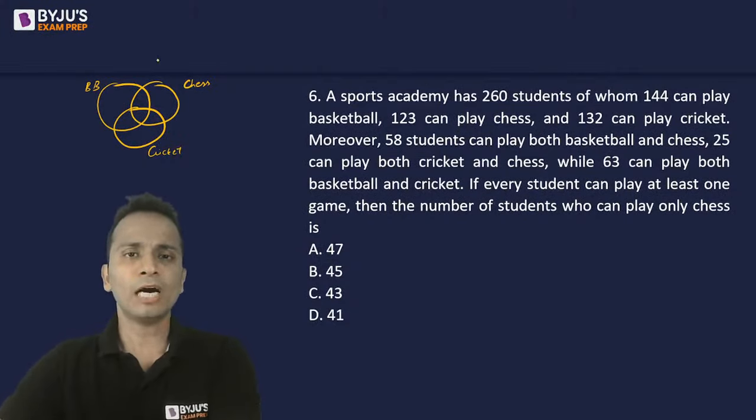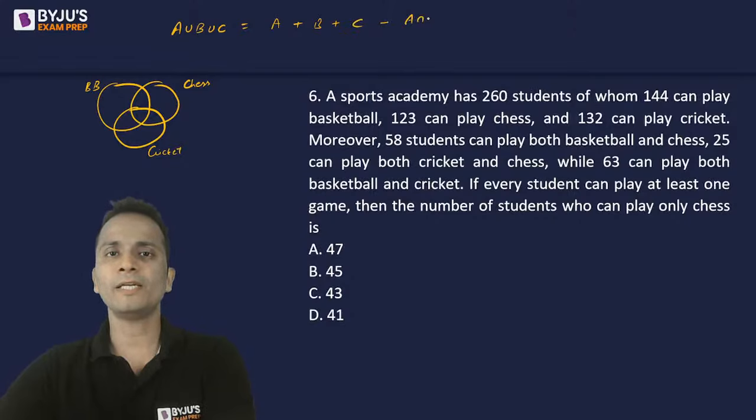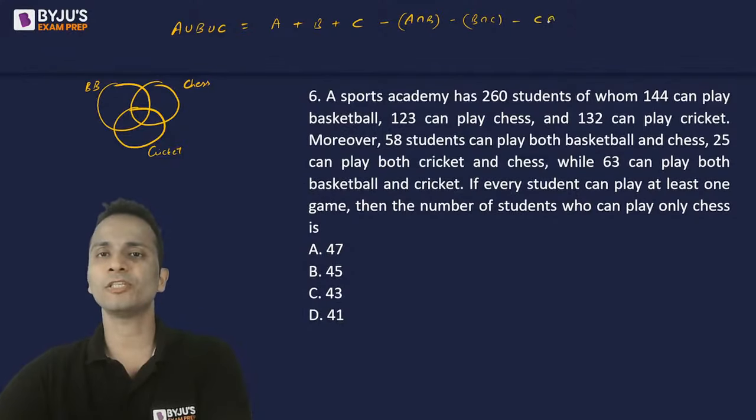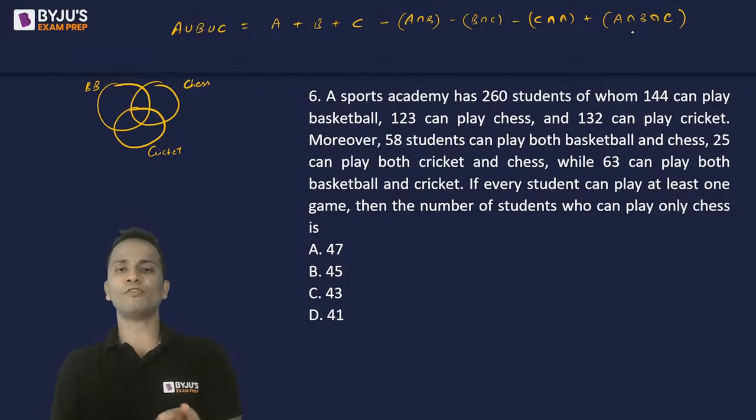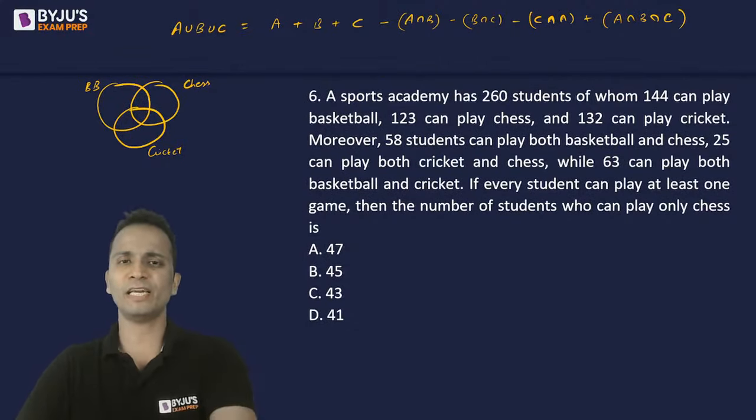Now in this question, we'll be using the formula A union B union C is equal to A plus B plus C minus A intersection B minus B intersection C minus C intersection A plus A intersection B intersection C. So this is the formula that we'll be using in this question. You don't have to write this formula every time.